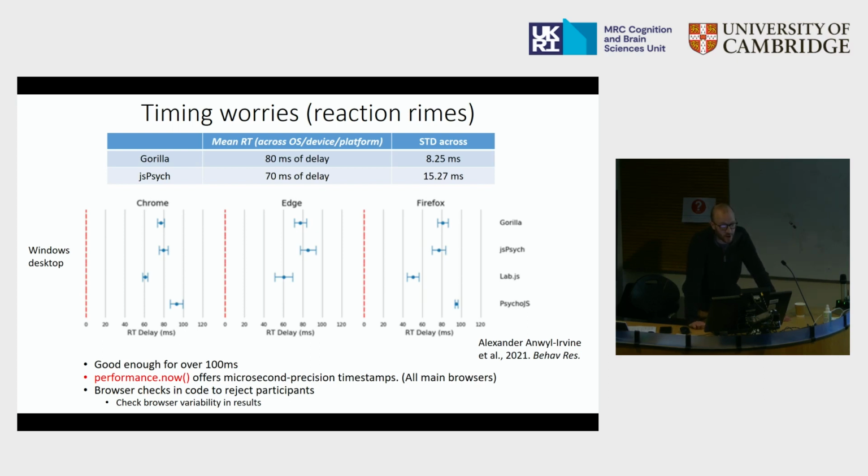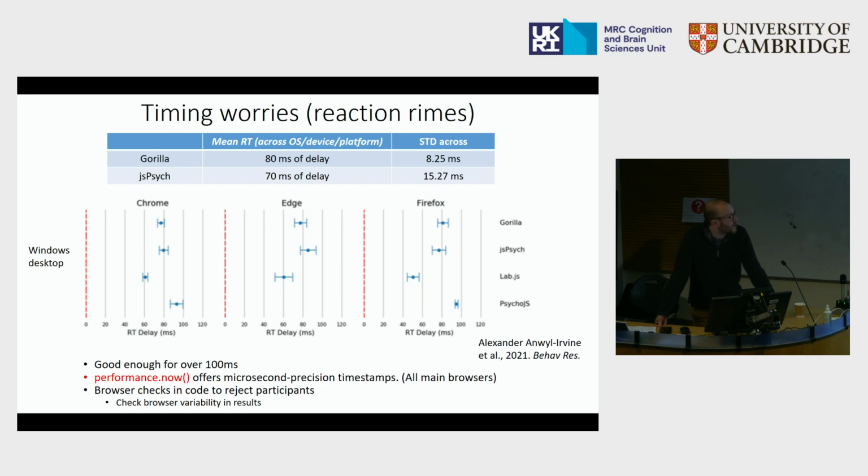You can see in the plots we've got 4 leading ones there: Gorilla, and if you remember the bottom 3, jsPsych, lab.js, and PsychoJS, are all things that you can incorporate into JATOS. The basic take-home is if your experiment doesn't care about reaction times or presentation times below 100 milliseconds, there is no worry to be had. All of them generally, no matter what combination you use, go below that.